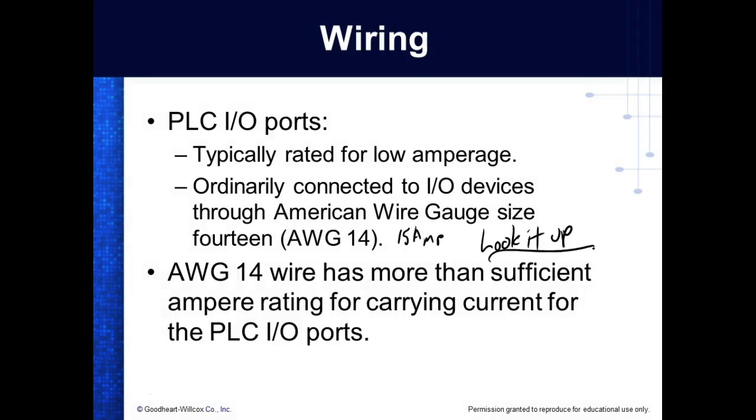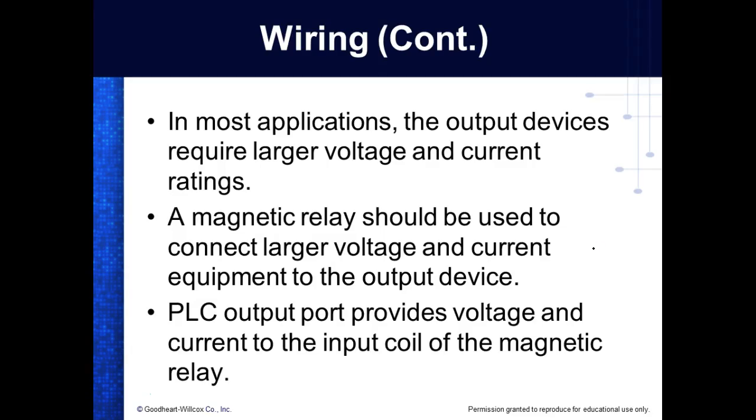But you need to use a wire gauge that's going to support what you're driving, right? For most applications, the output devices require large voltage. That's not necessarily true. This is in the book. Normally, originally, and this book was written a long time ago, originally a lot of the drive, what advantage does a high voltage have over low voltage?